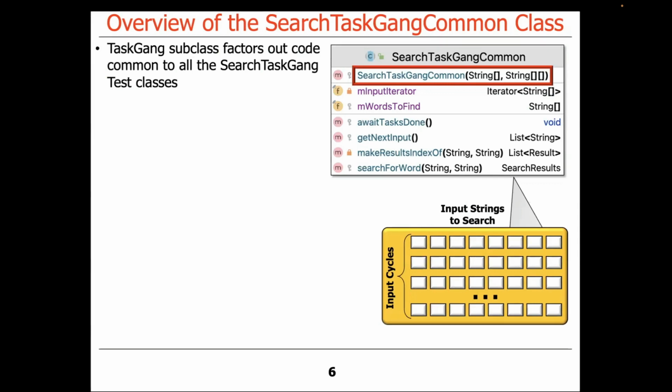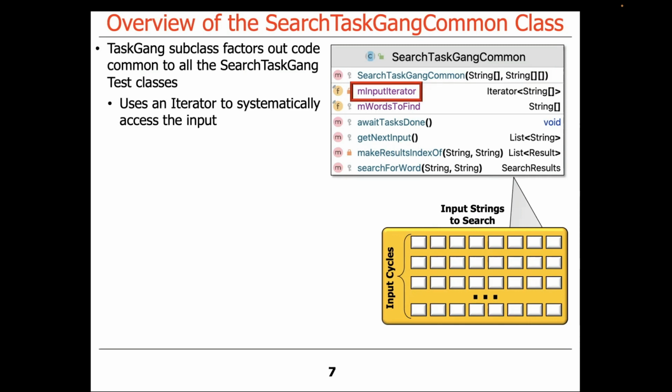So the TaskGang subclass factors out code that's common to all the different subclasses that the search TaskGang test creates. So that make TaskGang factory method in the search TaskGang test class, those are the things that it makes, and they all subclass from this particular superclass. So it does a couple interesting things. It uses an iterator to systematically access all the input.